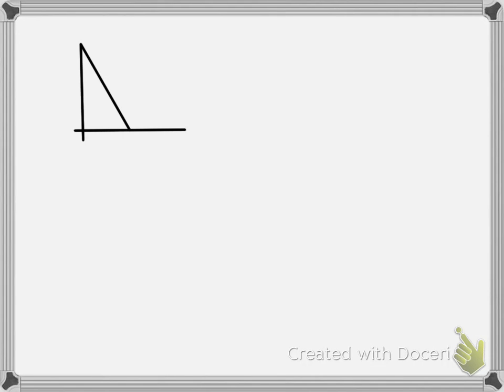So we have a 15 feet ladder leaning against a wall in a garden. So this one would be 15, and I'm going to put this as y and this as x over here.